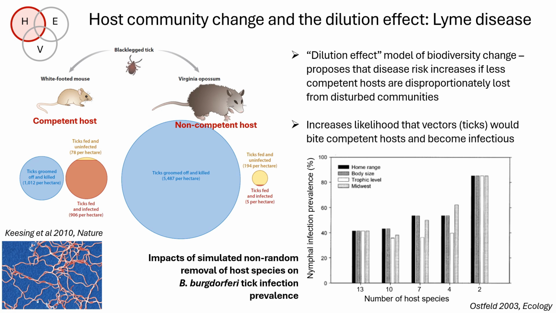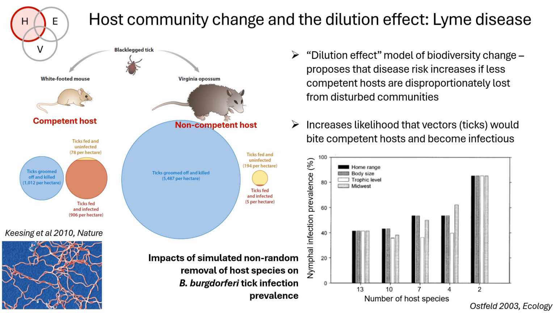And the major root of this, right, is through ecological community change. And so for around 20 years now, there's been a growing and important body of work on this idea of the dilution effect.